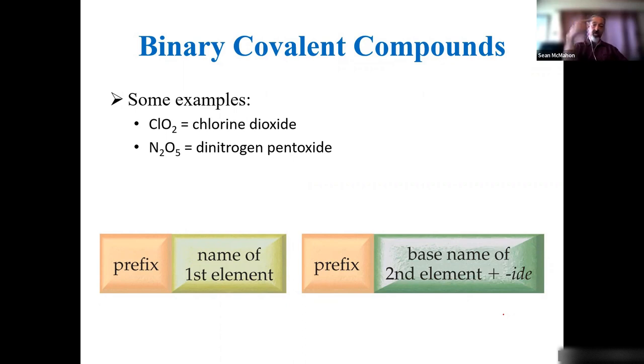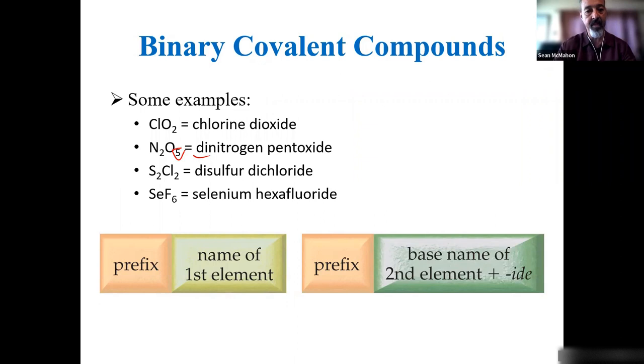It's further to the left, so it's more metallic. There's two nitrogen, so I've got to use the di prefix. So it's dinitrogen. Oh, I love this. There's 5, pentoxide. Then I've got disulfur dichloride, selenium hexafluoride. Notice with the fluorine or the fluoride, the U before the O, people always spell that wrong.